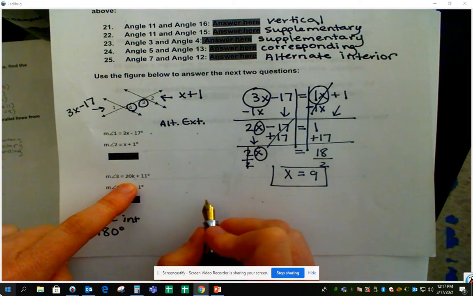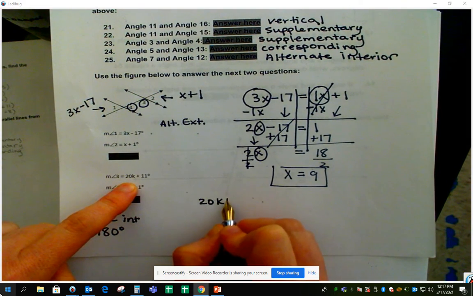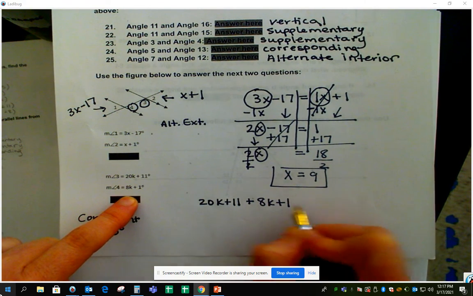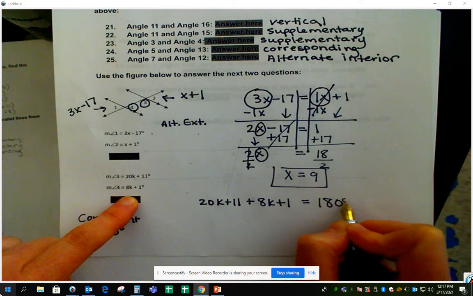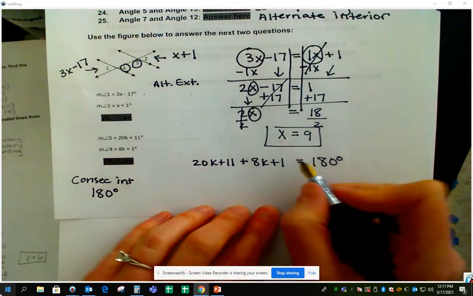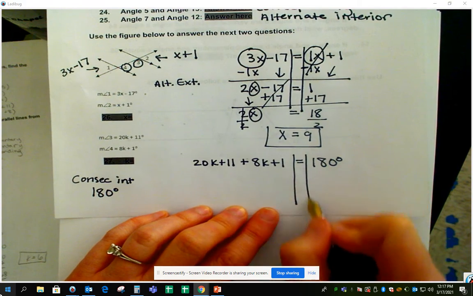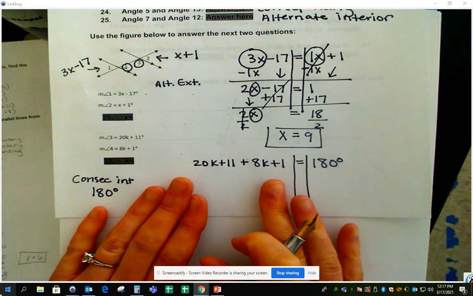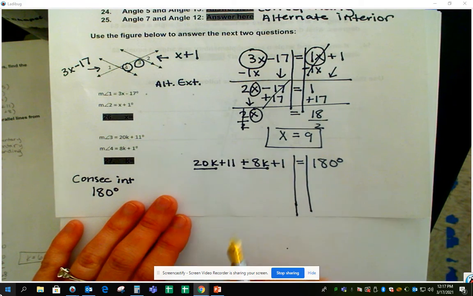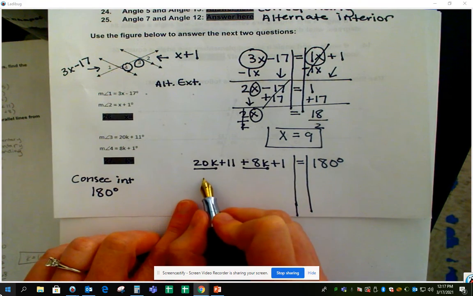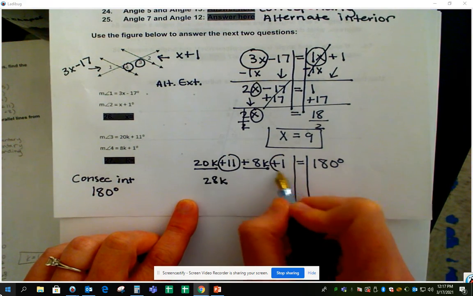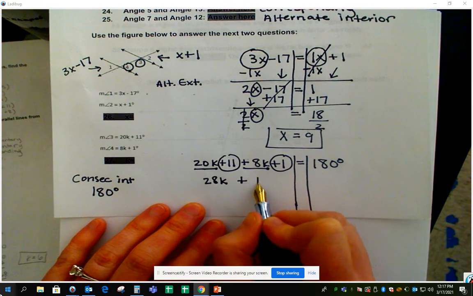So if I take 20k plus 11 and I add 8k plus 1, they have to equal 180 because they are consecutive interiors. They're supplementary. Remember, look on your left side, there's some like terms. I've got a 20k and I've got an 8k. If I put those together, I get 28k. I also have an 11 and a 1. Add those together, I get 12.